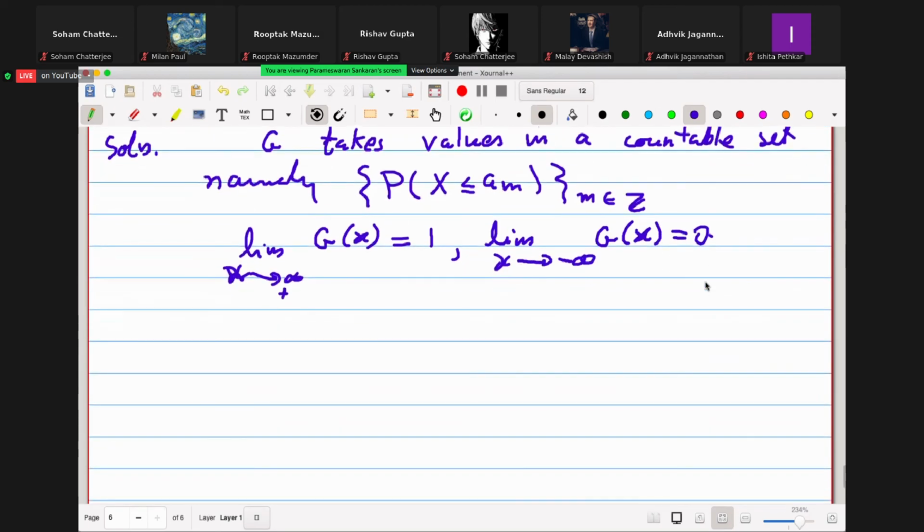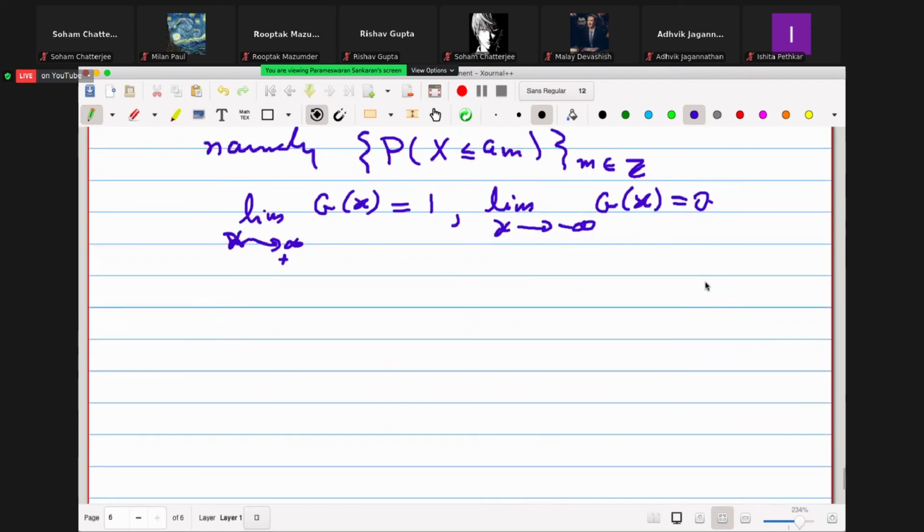Okay, is that clear? Yes? So therefore, G is the distribution function of a discrete random variable.